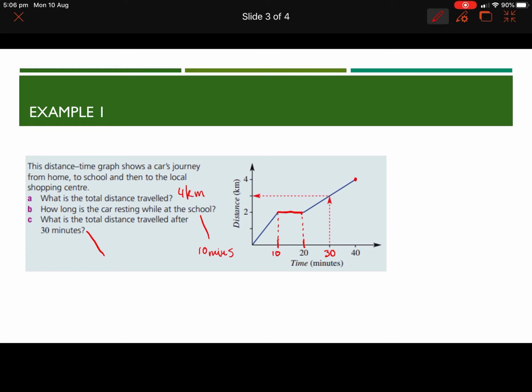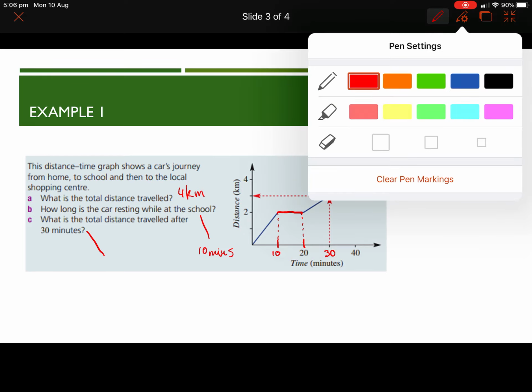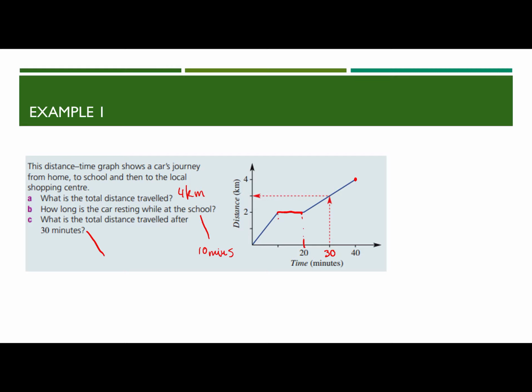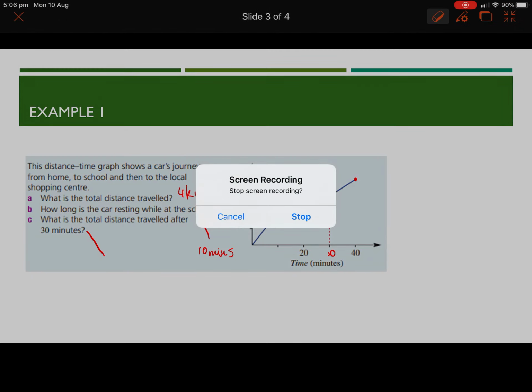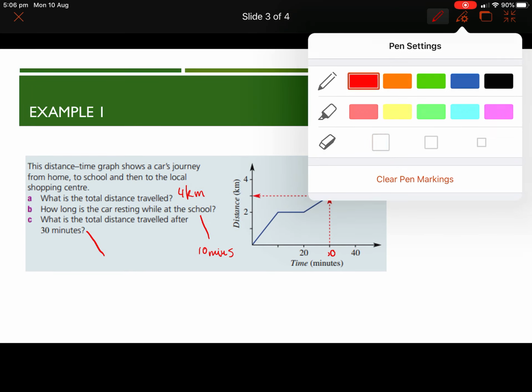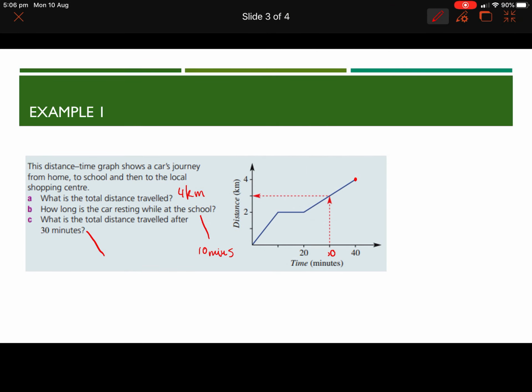And C, what is the total distance travelled after 30 minutes? After 30 minutes, it's already got the red lines here for us. So at 30 minutes, what is the distance?